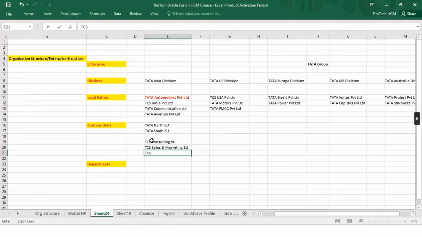Or annual maintenance, TCS AMS BU, etc. So see, either based on region or location, or based upon business functionality, consulting, sales and marketing BU, or TCS AMS annual maintenance support BU, like that I can bifurcate.